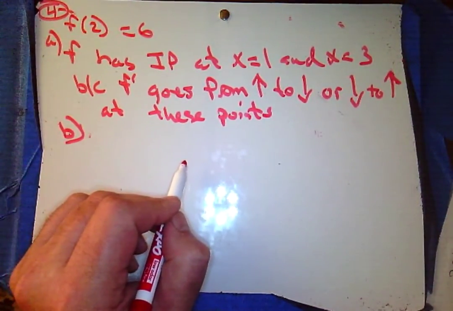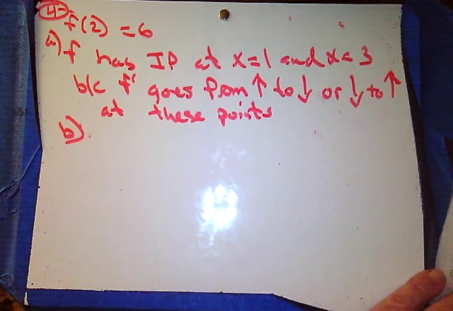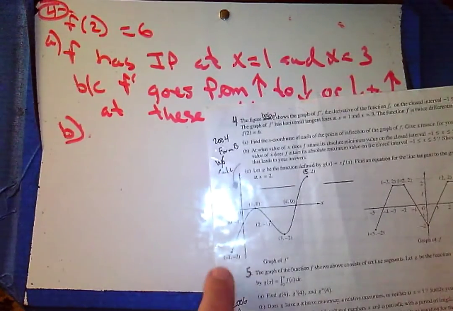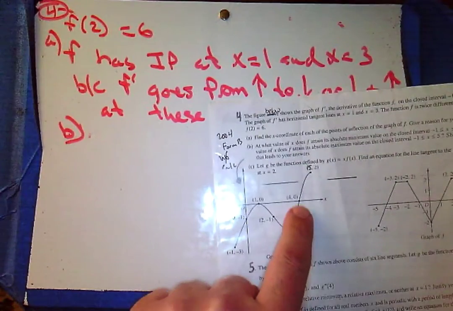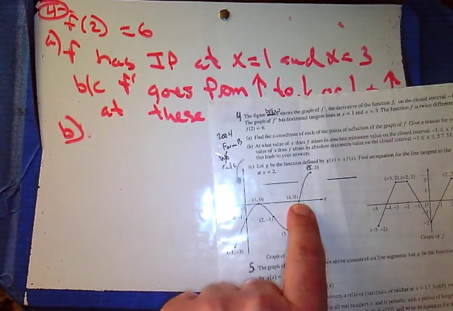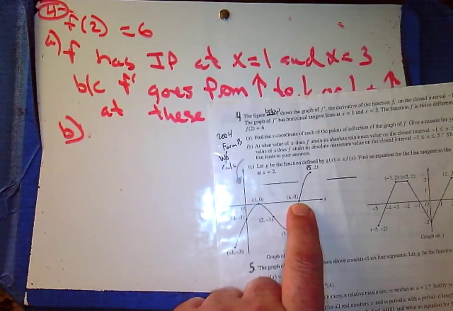Part B says, at what value of x does f obtain its minimum value on the closed interval from negative 1 to 5? So, just talking through this, because f prime is negative, negative, negative, negative, negative, negative until this point, I'm thinking that's going to be my absolute min right there.